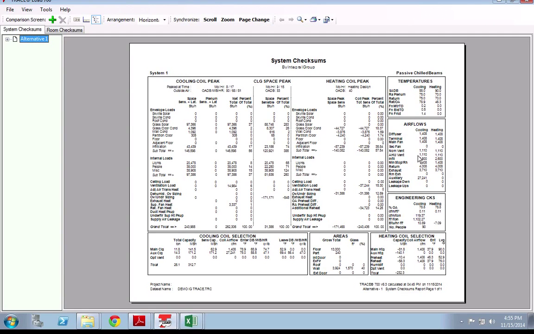A special point to note about all the inputs on this whole report: this is a default report from Trace. And if an input is not necessarily valid for our system, for example, we have passive chill beams, if we didn't have a return air plenum, it doesn't mean that Trace isn't going to report a value.